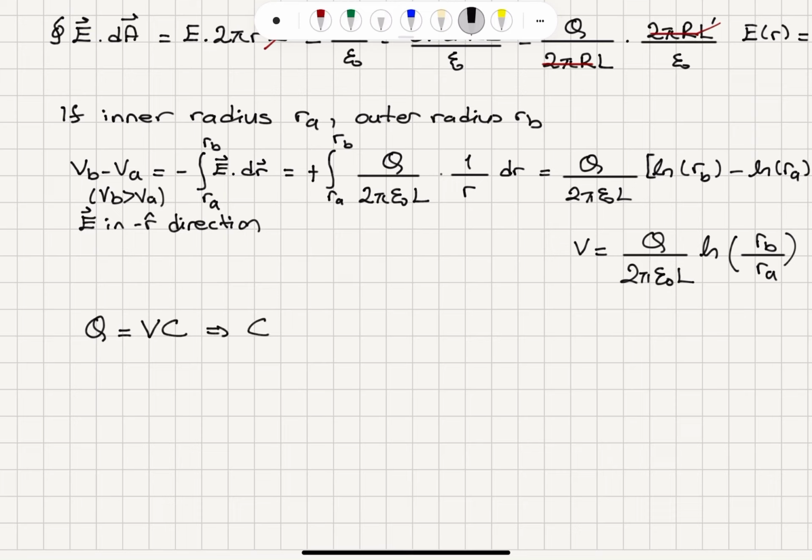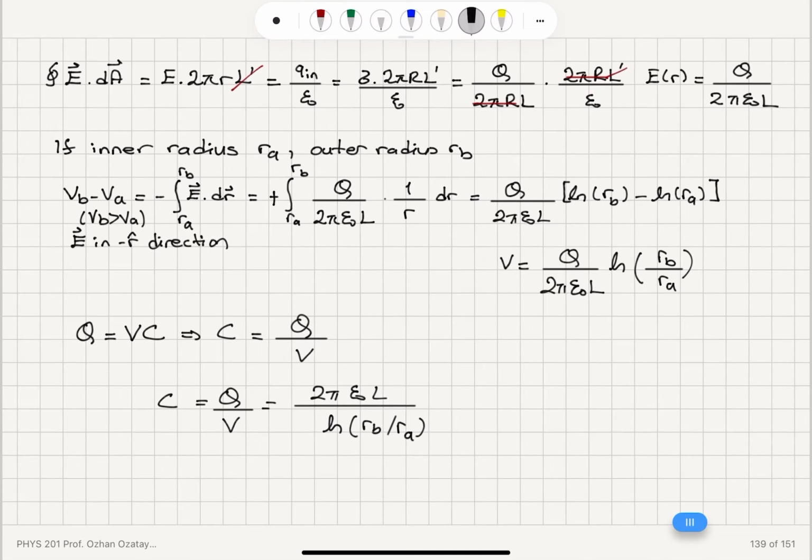So we see that the capacitance is Q divided by V, which is equal to 2 pi epsilon 0 L divided by natural logarithm of r sub b divided by r sub a. Okay.